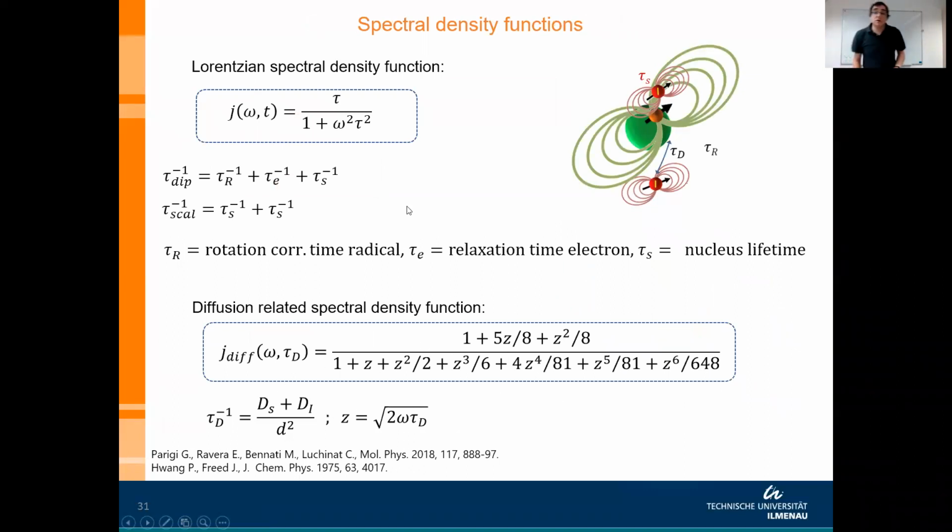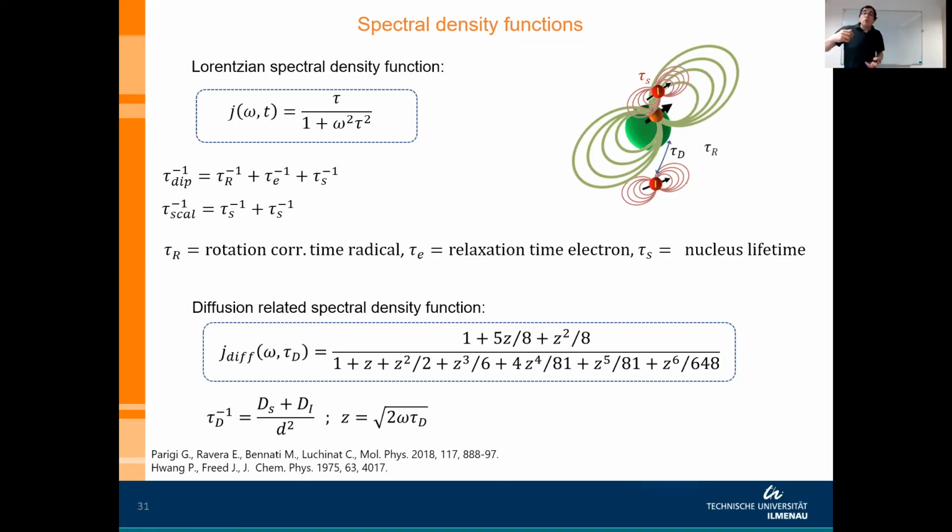What I mean with rotational diffusion, we can see in this plot: we have our radical, this green massive molecule, and then our little electron here. Nothing is in proportion here, of course. Then we have our nucleus here, right? The nucleus approaches the radical molecule and then will interact with the electron, and then transitions will happen.